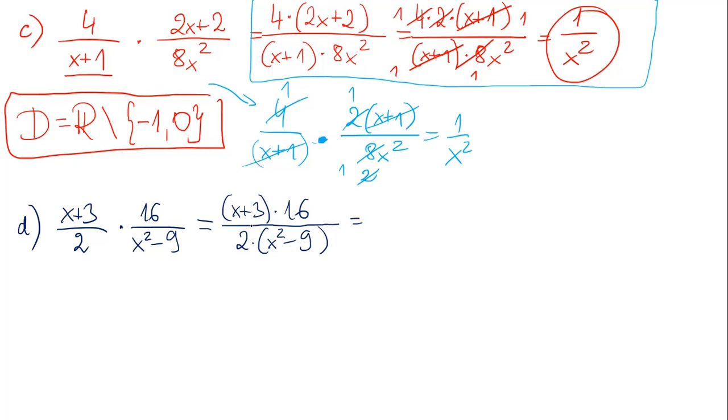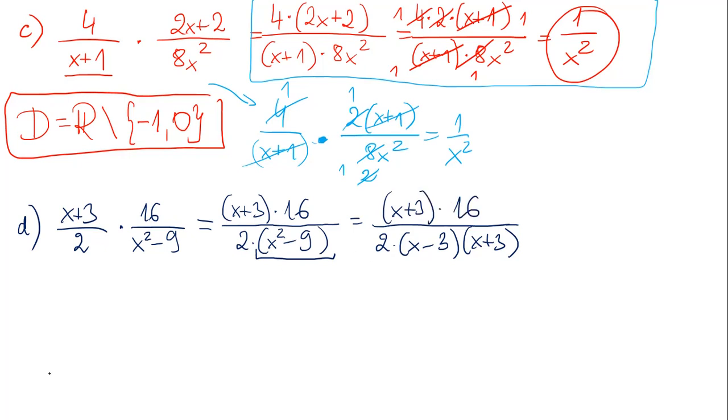So of course the first thing we need to notice is this bracket. And we have to notice that this is a multiplication rule for a squared minus b squared. So we can write it down as x minus 3 times x plus 3. And then the top is the same.